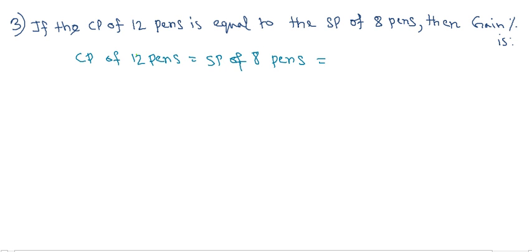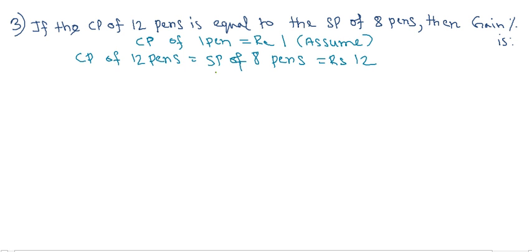Now let us assume that the CP of 1 pen is equal to 1 rupee. So CP of 12 pens is equal to SP of 12 pens, that is rupees 12.